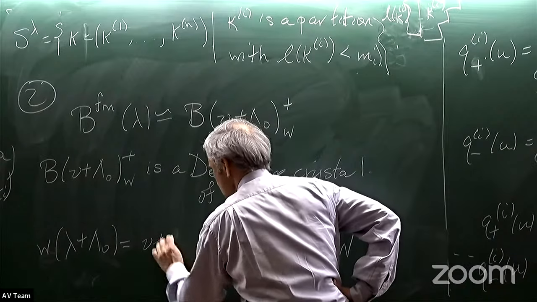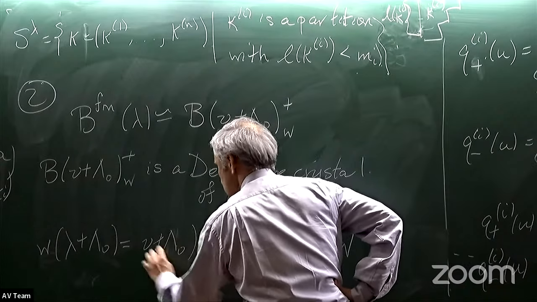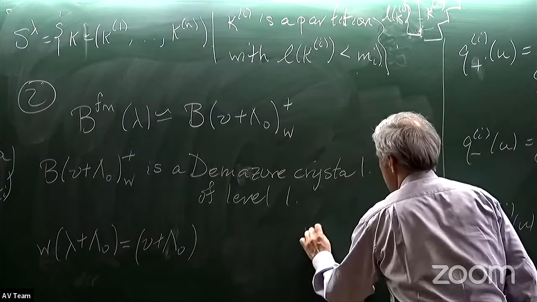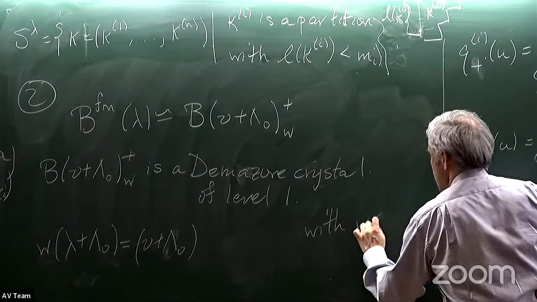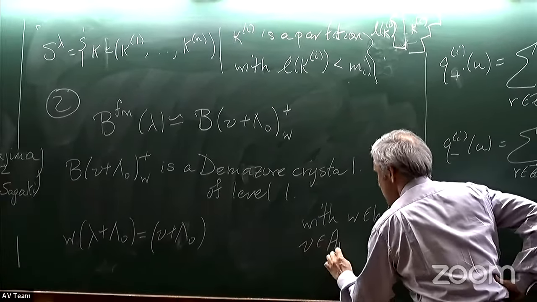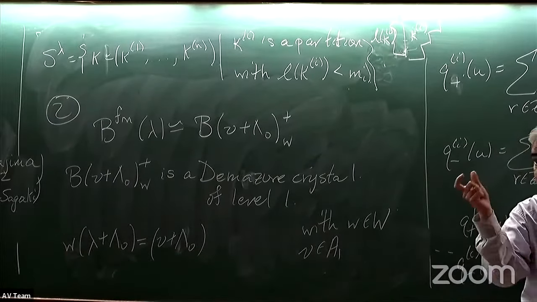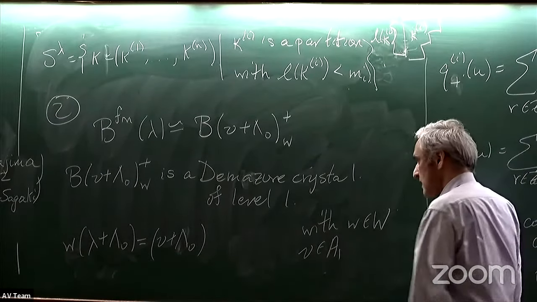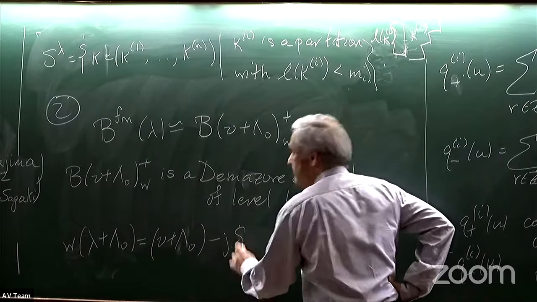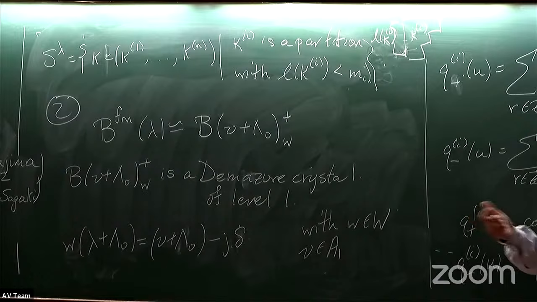So this is what we called nu, in the alcove of level 1, and I might have to pay with some amount of deltas when I do that. Right?